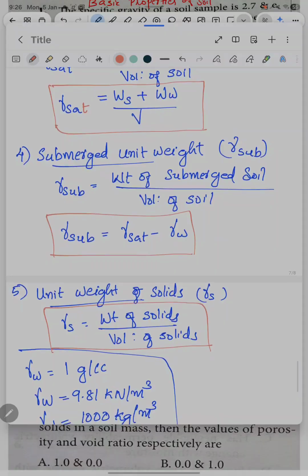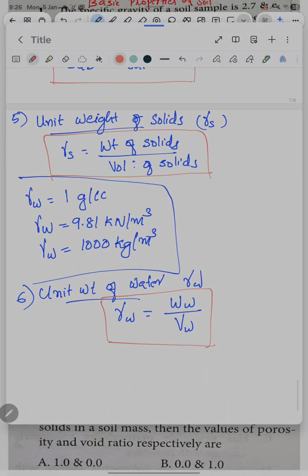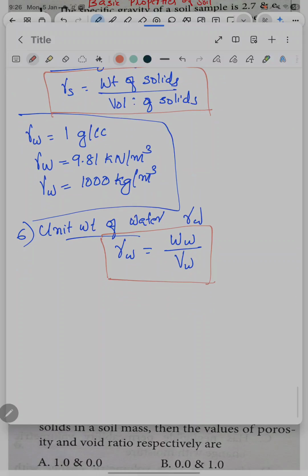Next is submerged unit weight: weight of submerged soil divided by volume of soil, and there is one relation between gamma submerged and gamma saturated: gamma submerged is equal to gamma sat minus gamma W. Next is unit weight of solids, weight of solids to volume of solids. Then unit weight of water, weight of water to volume of water. And the values of gamma W are 1 gram per cc, 9.81 kilonewton per meter cube and 1000 kilogram per meter cube.